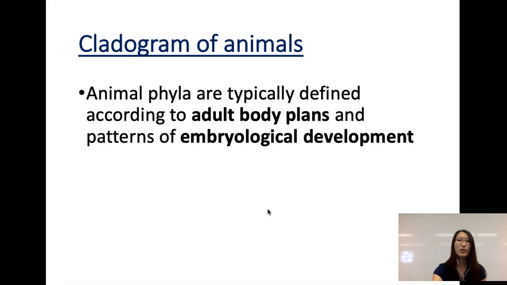And then lastly, we want to talk about a cladogram of animals. A cladogram is kind of a family tree of evolutionary relationships. Which organism is more closely related to which of the other organisms and which are not as closely related. And in order to make a cladogram, we want to look at the adult body plans, right?